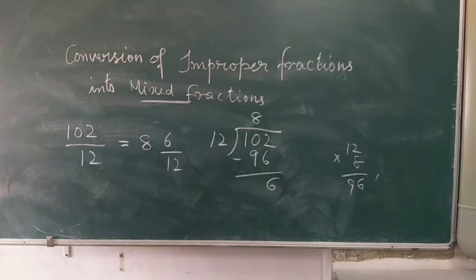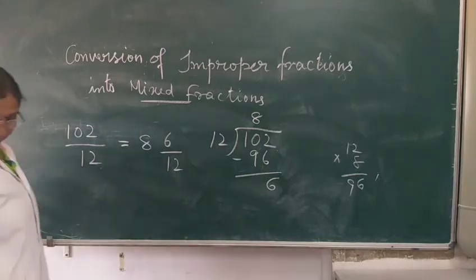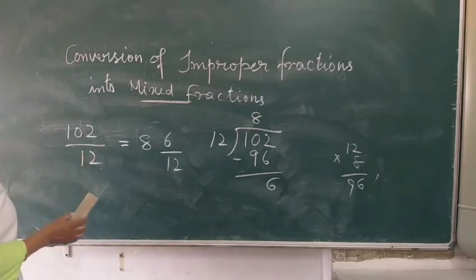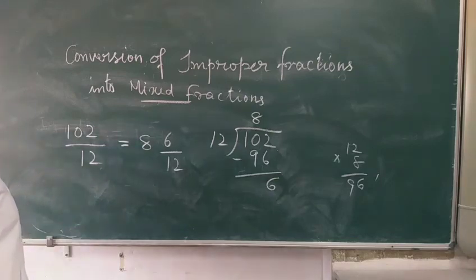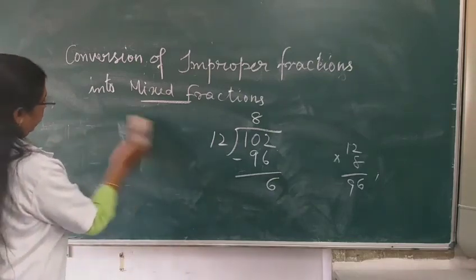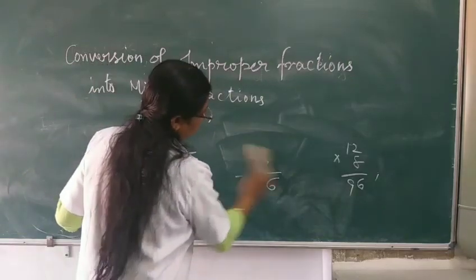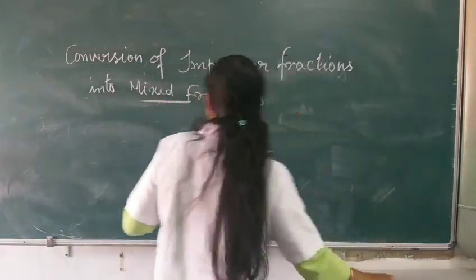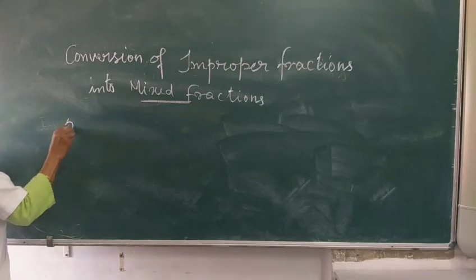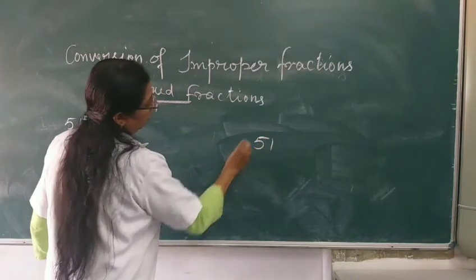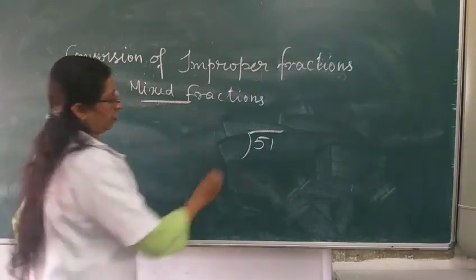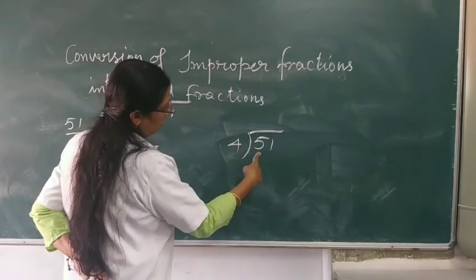Then 51 by 4. 51 divided by 4. First you divide 5 by 4.